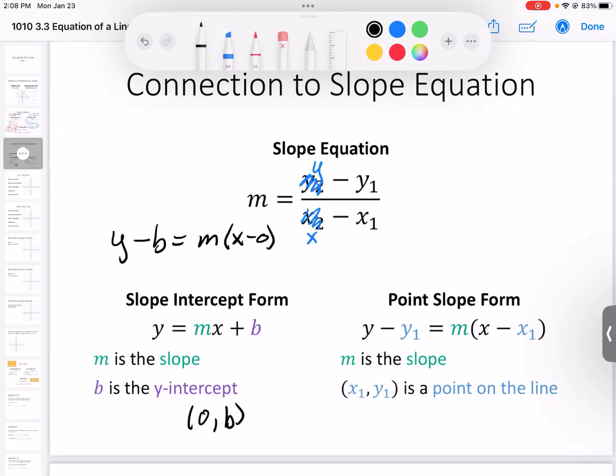And if you rearrange that equation, well, x minus 0 is just x. M times x is mx. So you get y minus b equals mx. Then if you add b to the other side, you get y equals mx plus b. So this is just a special case of this where x is 0. So that's where those equations come from.